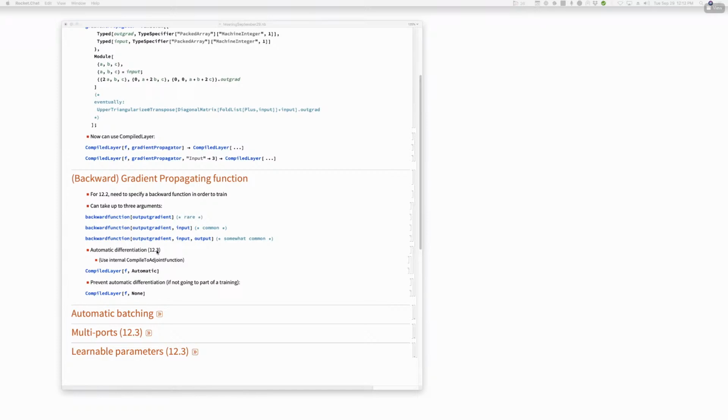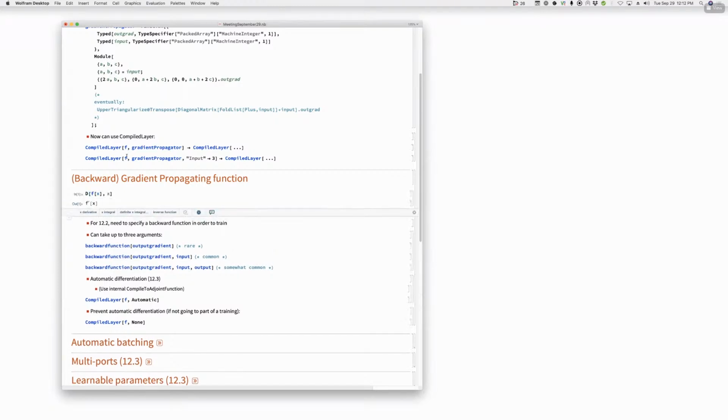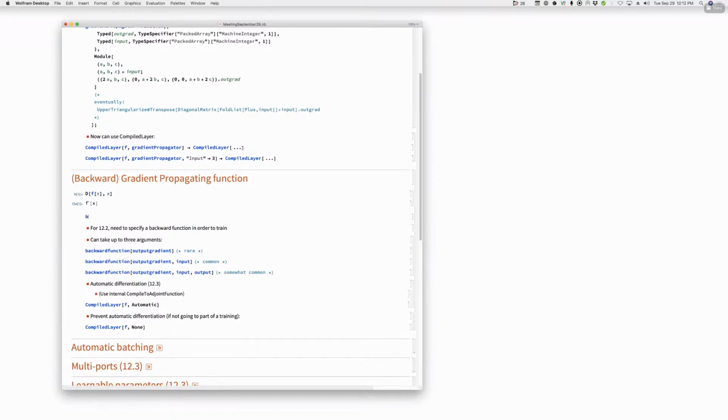So that's the input of the function, yeah. Right. So if I say d f of x comma x, the thing I get is f prime. This thing that you're representing here is supposed to be the f prime, which in your notation would be something like backward function of whatever the function is, and then the input would be a thing that was fed to it.